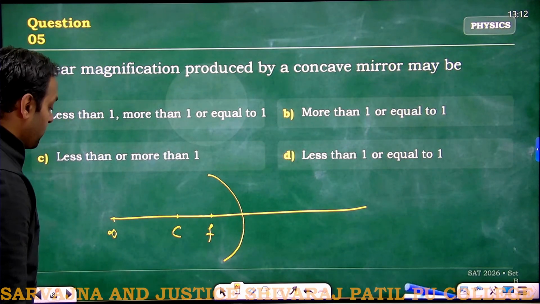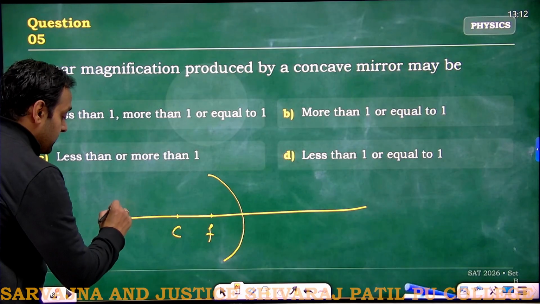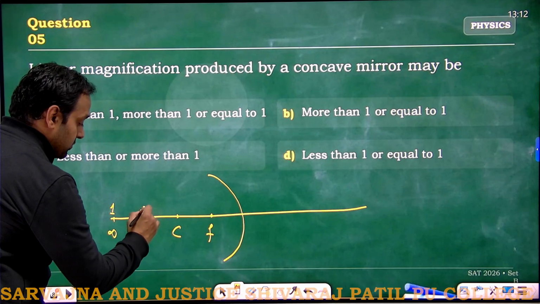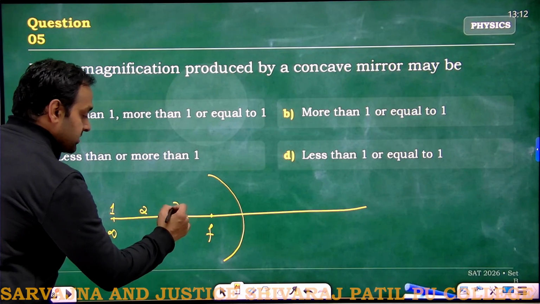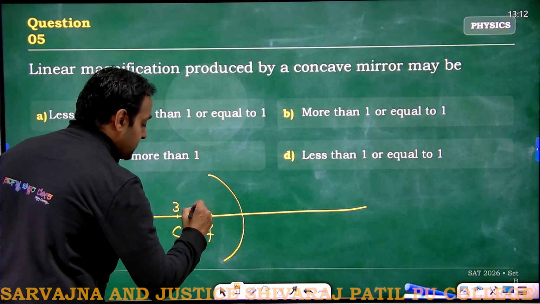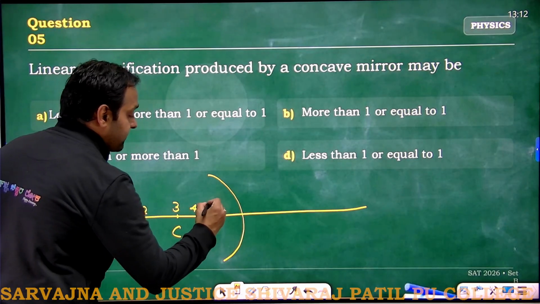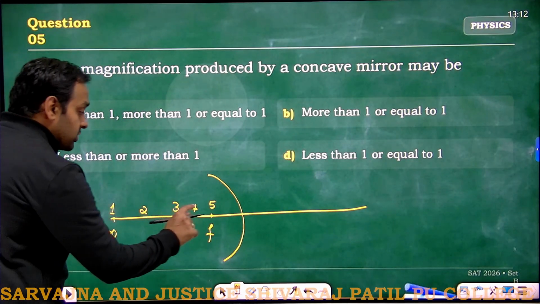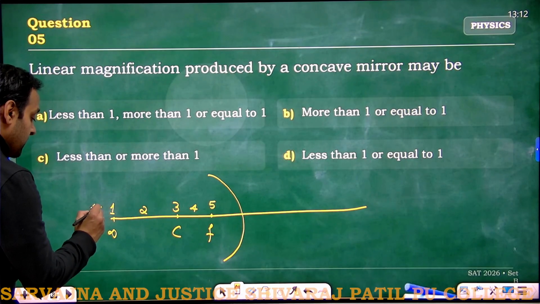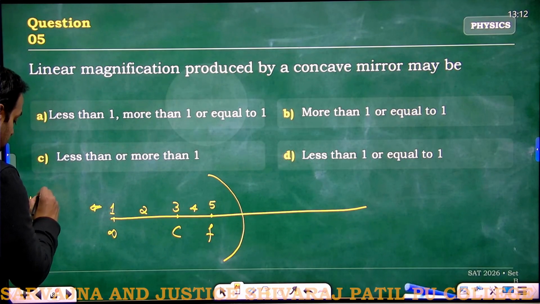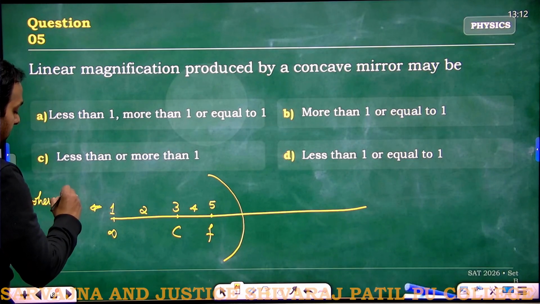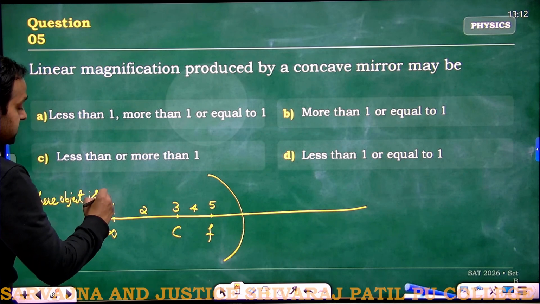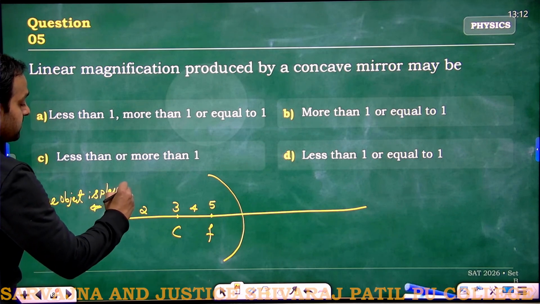Now from infinity you start numbering. This will be 1, beyond C this will be 2, at C this will be 3, between C and F this will be 4, and at F this will be 5. What I am writing, 1 2 3 4 5, this is where the object is placed.